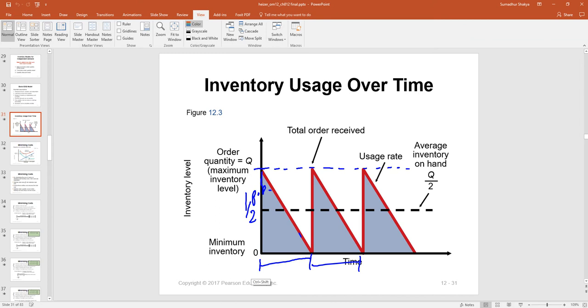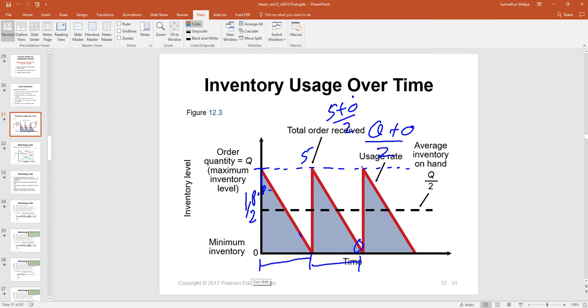perpendicular times base, okay, which is where the average amount of inventory comes into the picture. Because let's say if you have $5 at the beginning of the month and you have $0 at the end of the month, the average dollar you had over the period of the month is 5 plus 0 divided by 2. So either way you look at it, from the area under the graph, or from the average of starting plus ending inventory divided by 2. The starting inventory is Q, ending inventory is 0.